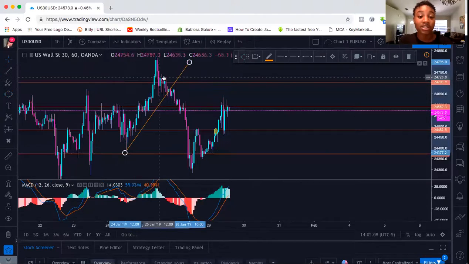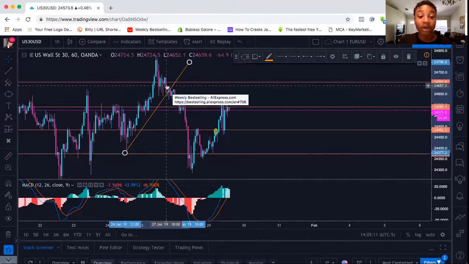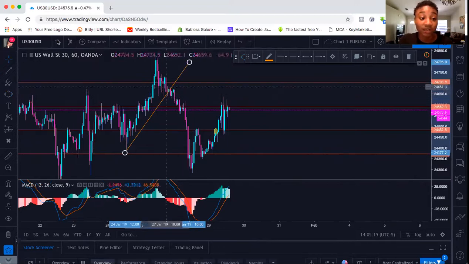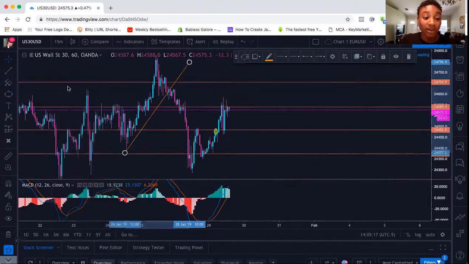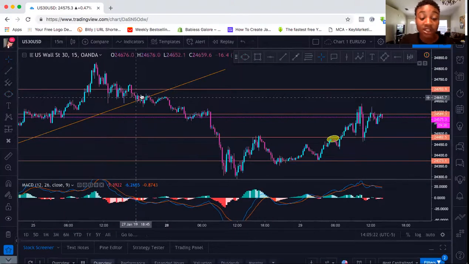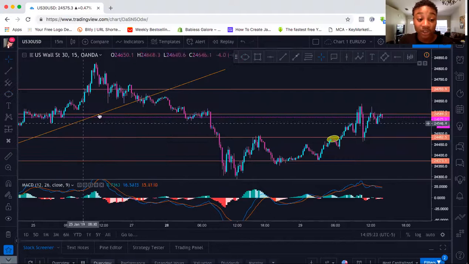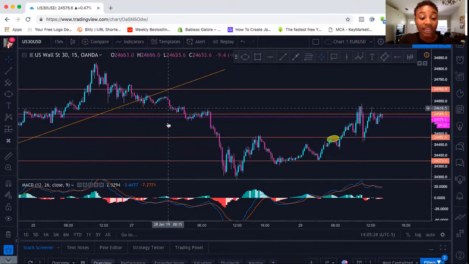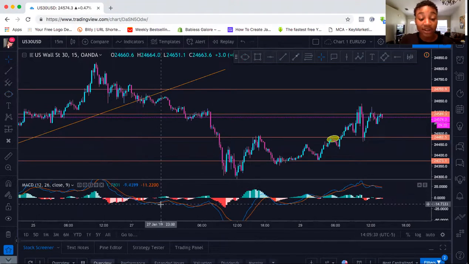What I wanted to see was if it was going to break this trend. Remember, once it breaks the trend and then it crosses over on the MACD, that's your full confirmation to just get in for the sell. So I'm on the 15-minute now. On Sunday, when I looked at the market, I had this trend line already drawn before the market opened, and it had already crossed the MACD on the 15-minute.